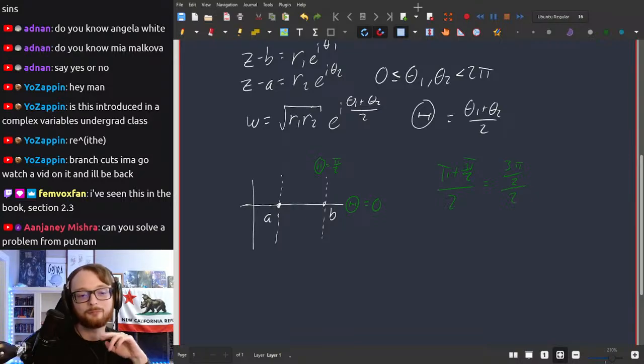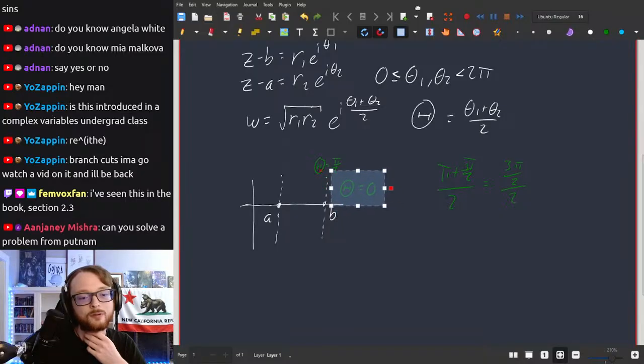No, actually, the more I think about it, the more I don't get what this chart is saying. Even if I do this, I don't really know that that's true. Okay, maybe.